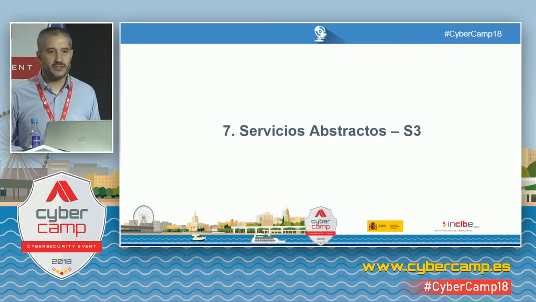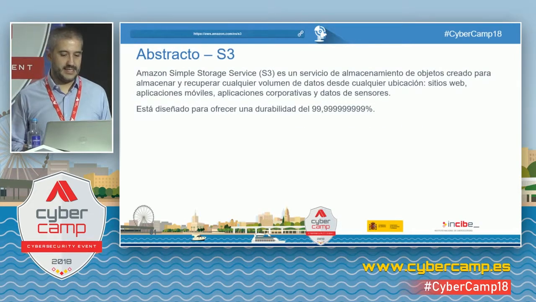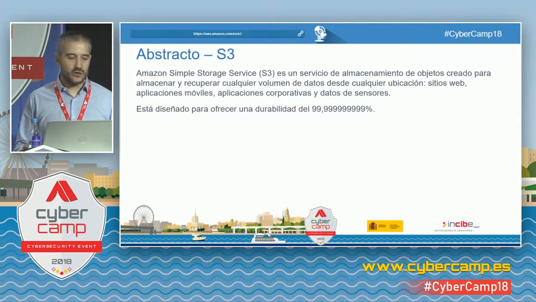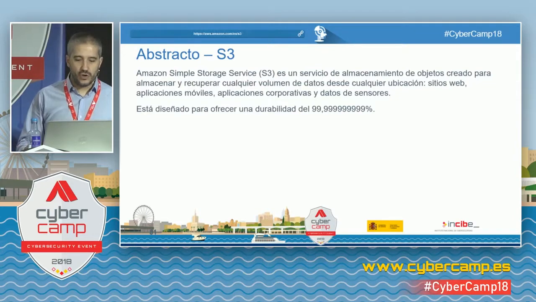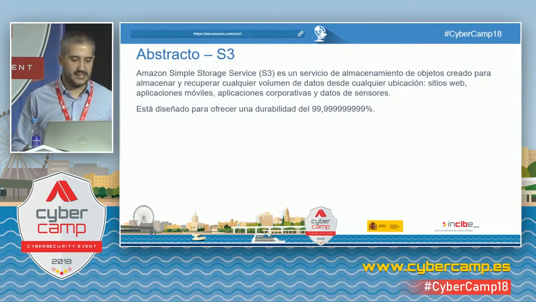So finally, before we start seeing more specific services for security, I want to talk a little bit about S3 services. That means that Amazon has unlimited storage space for information. EBS are kept on S3, logs are saved on S3. All that storage of information takes place at the S3 level.